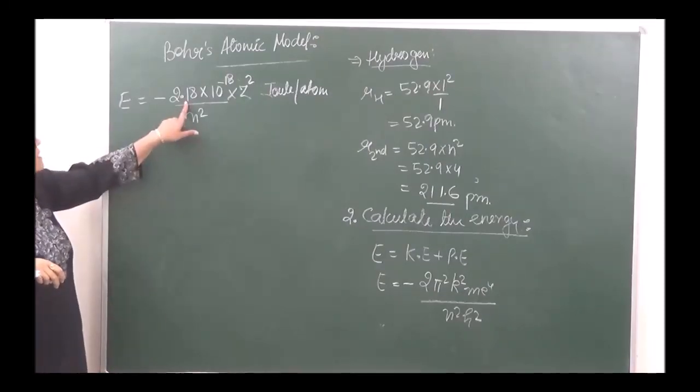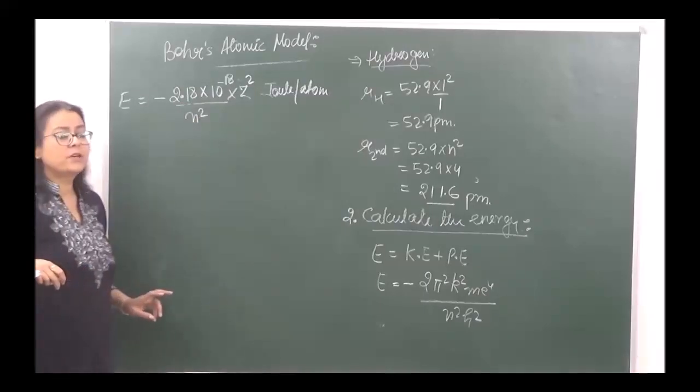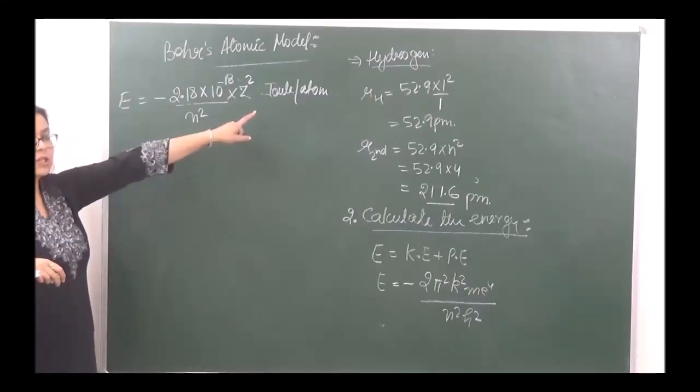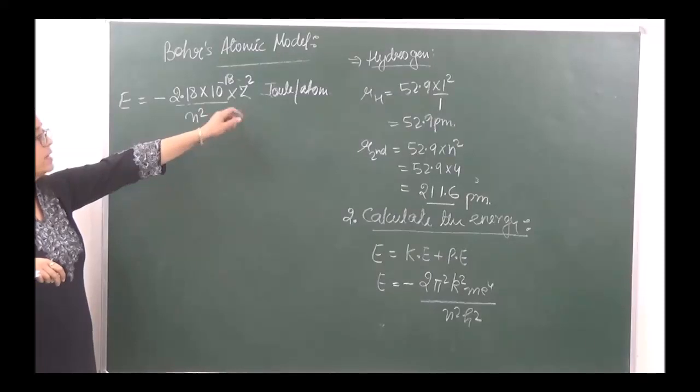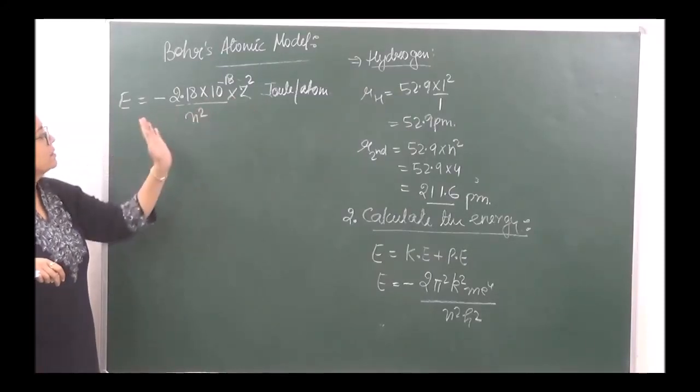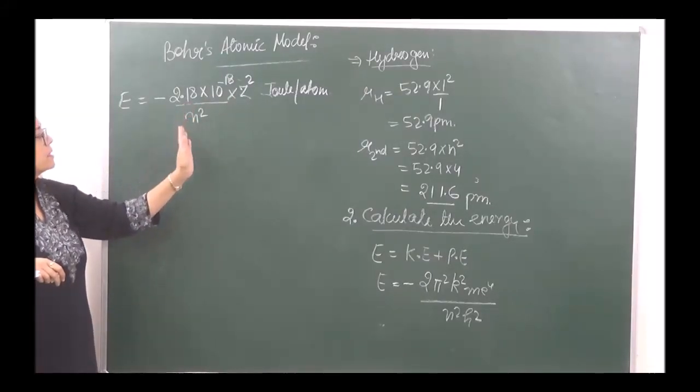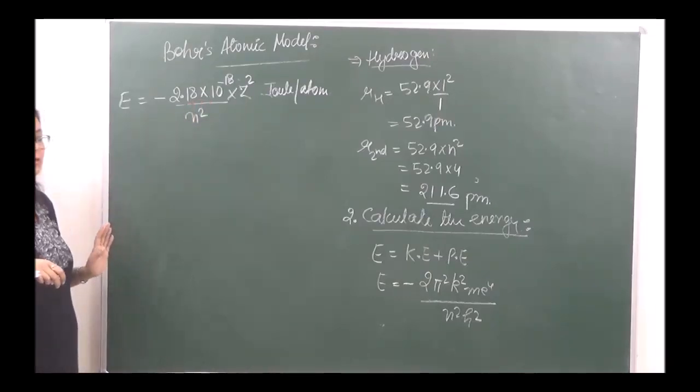The value of this has to be taken according to the unit which is given to you in the answer, because this is a constant value. If it is given in joules per atom, then 2.18 into 10 raised to power minus 18 upon n square into z square has to be taken.